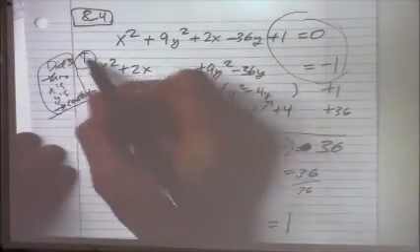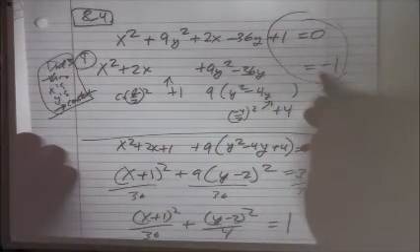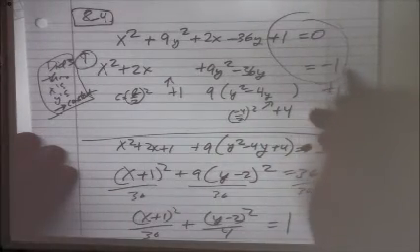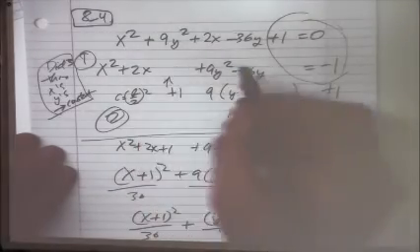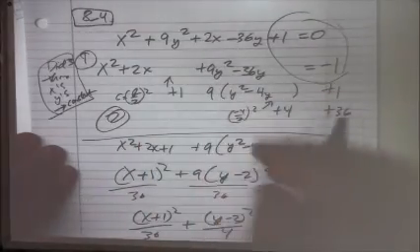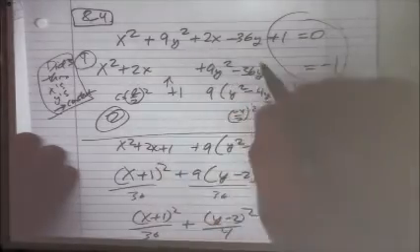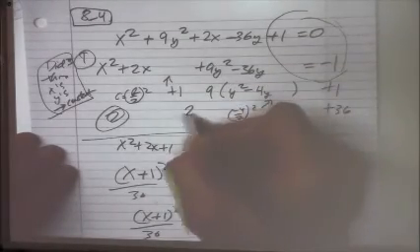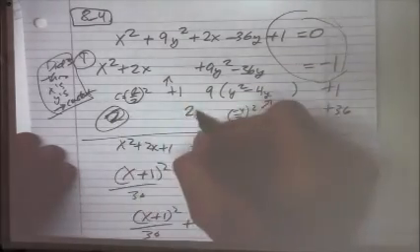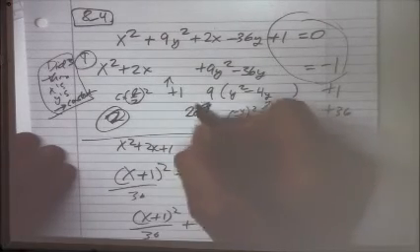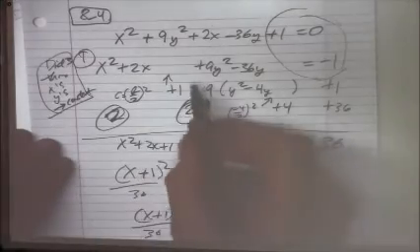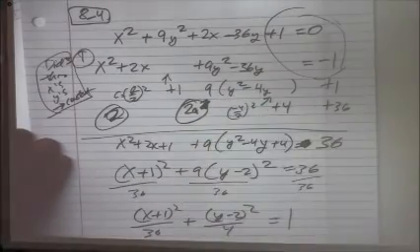So first thing I did was just set it up and organize it. Now it's easier when I set it up and organize it. Second thing I did was I did the correct C that I needed to then complete the squares. But I had to take out the 9 from that. So part of it is going to be to take out a common factor if it's necessary.